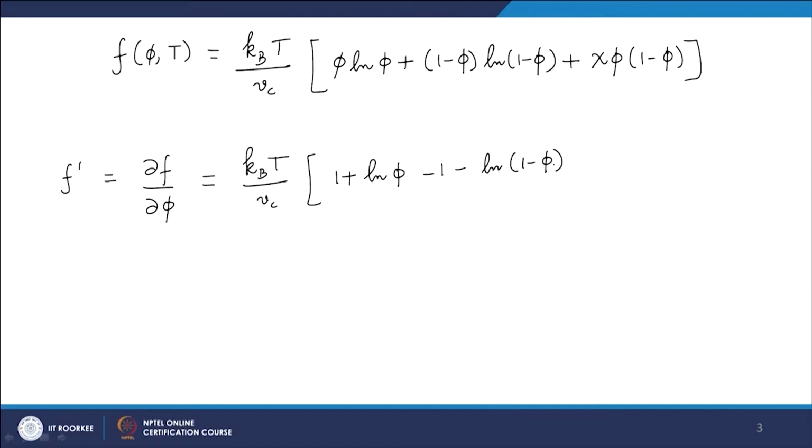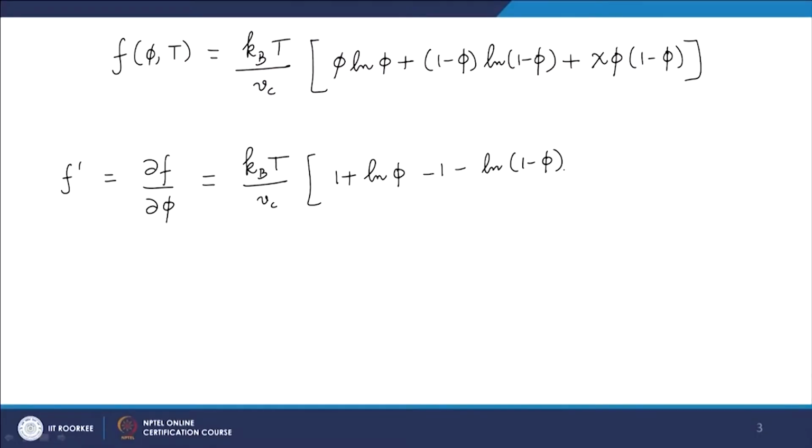In the first, the minus 1 comes because we take 1 minus phi multiplied by the derivative of ln, that is 1 by 1 minus phi with a negative sign. So, that is how we got a minus there. And the second term is simply we keep ln of 1 minus phi and take a derivative of 1 minus phi, that is also minus 1.